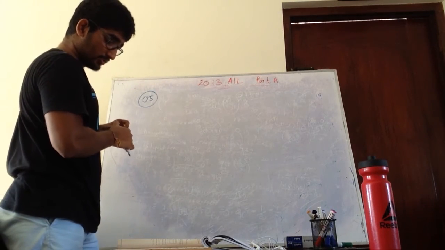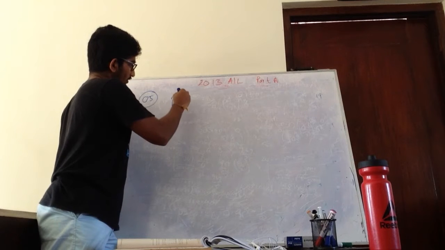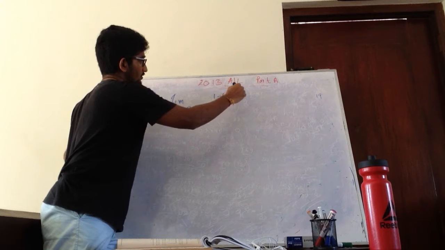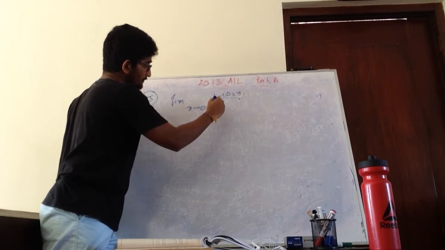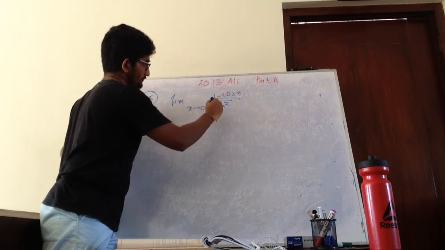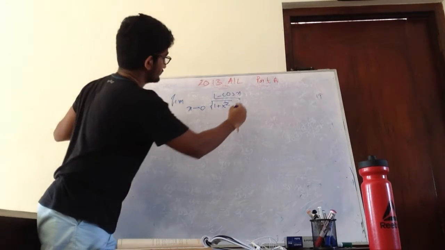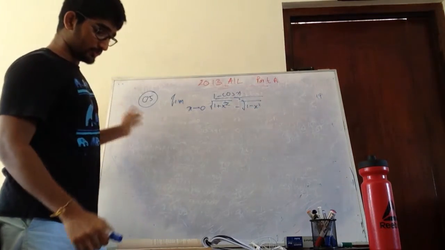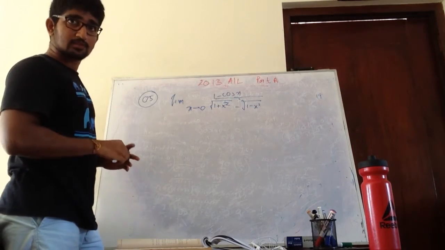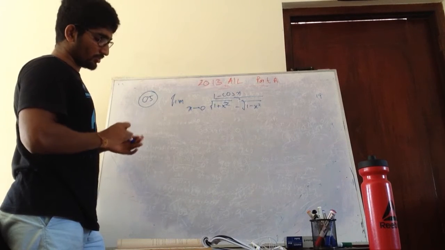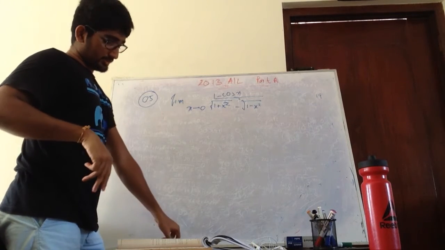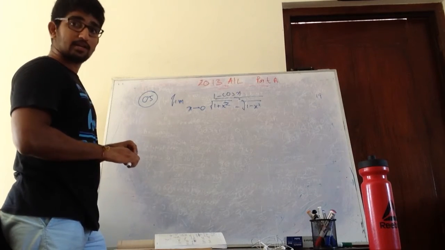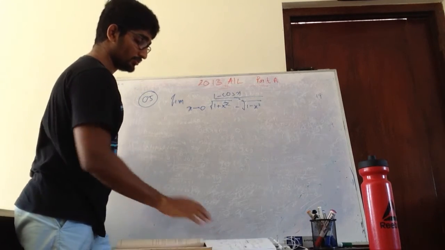It says that we need to prove that the limit when x goes to 0 of 1 minus cos x over x squared goes to half. Correct? So this is what you call conjugate multiplication. So let's see how we can do this. Correct?